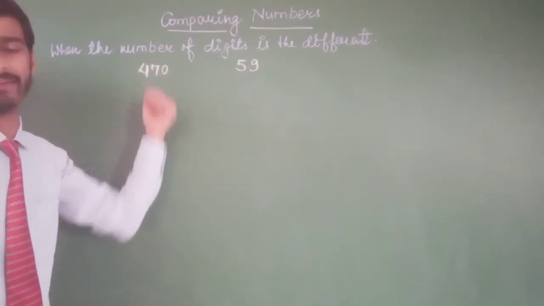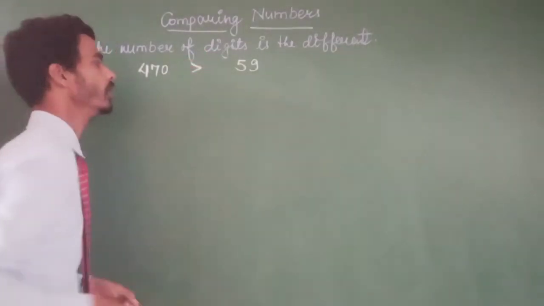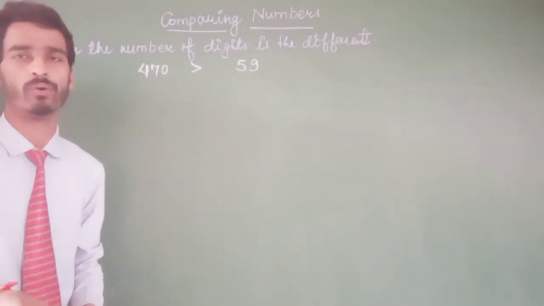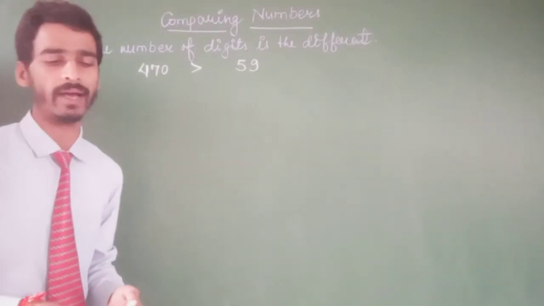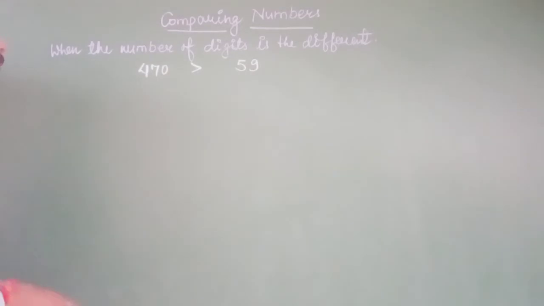So 470 is greater than 59. So we can say that Jumbo has more bananas than Mambo.